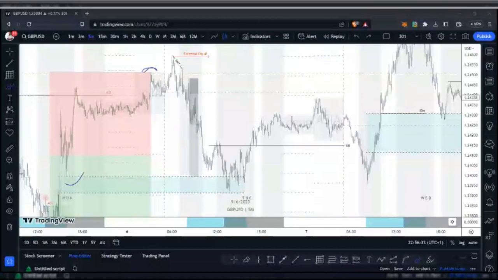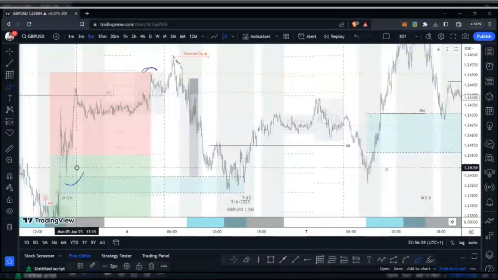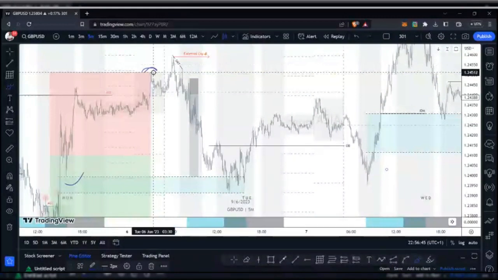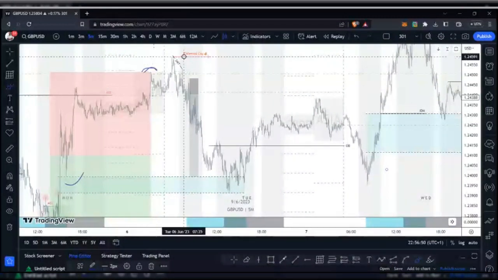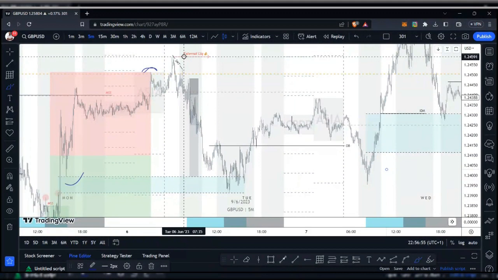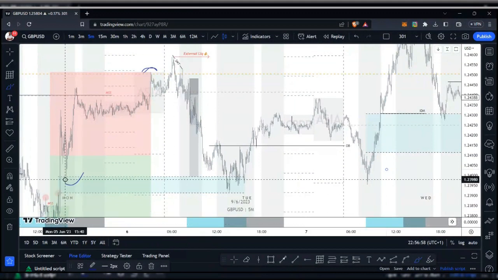All right, guys. Let me quickly explain this before I take a 5-minute break. We're coming from this. This was the internal liquidity. This was the external liquidity that was formed. External liquidity was raided. A new external liquidity was formed, meaning we have to now target a previous internal liquidity, which was this.